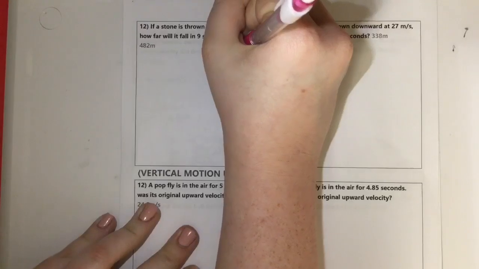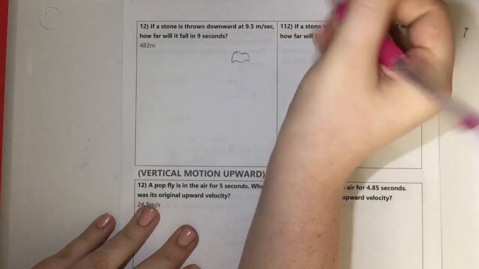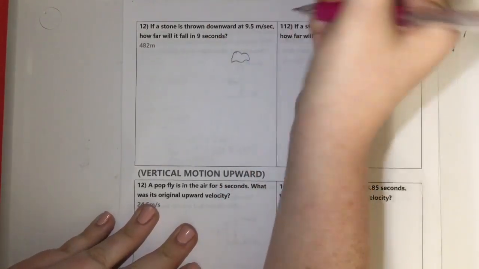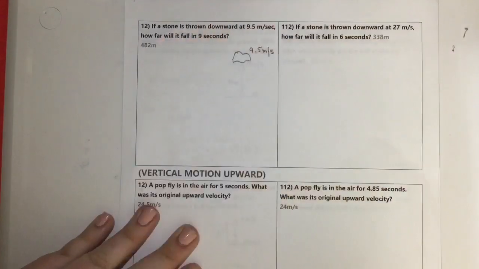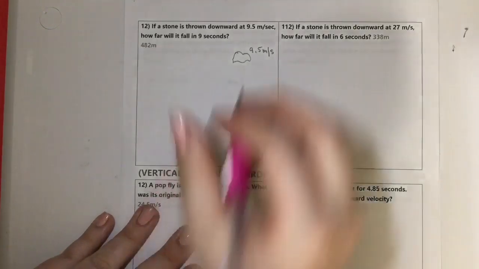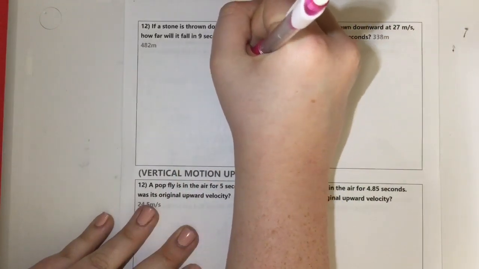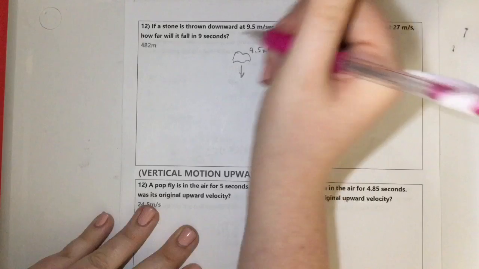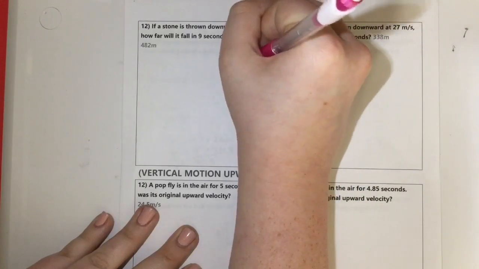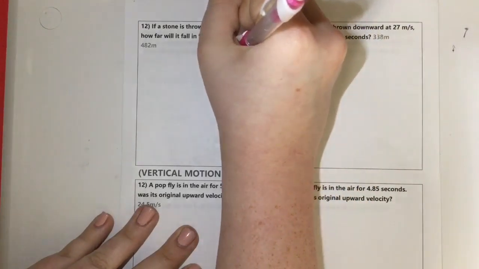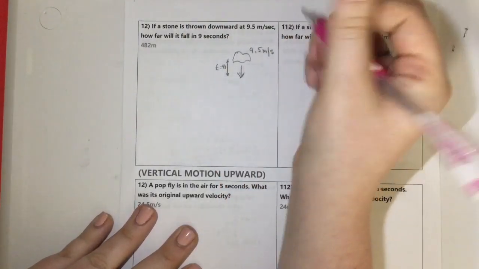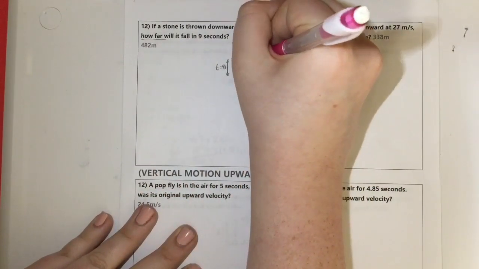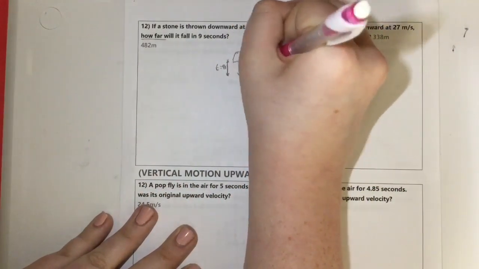We have our stone here, and it's thrown downward at 9.5 meters per second, and that's our initial velocity. We know that it's asking us to find out how far it will fall in 9 seconds, so we know what time we're looking for. So time equals 9 seconds. And it's asking how far, so we're going to look for our distance.